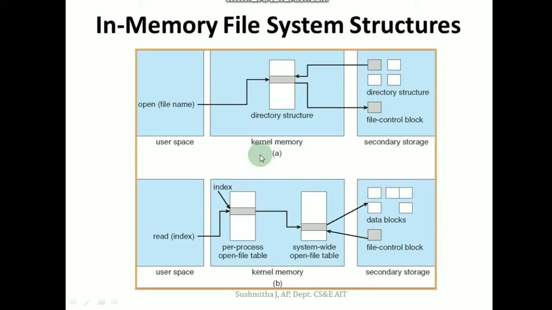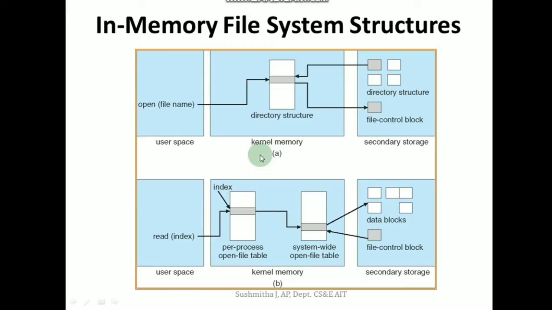Now then the logical file system is going to allocate a new FCB, that is your file control block. If all FCBs are created at the file system creation time, an FCB is allocated from the free list.